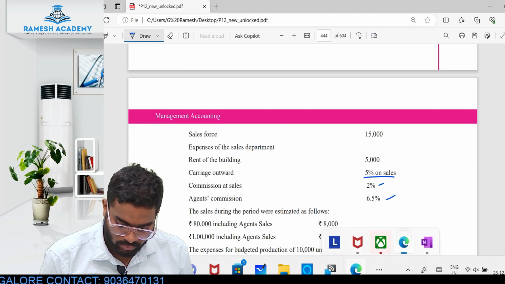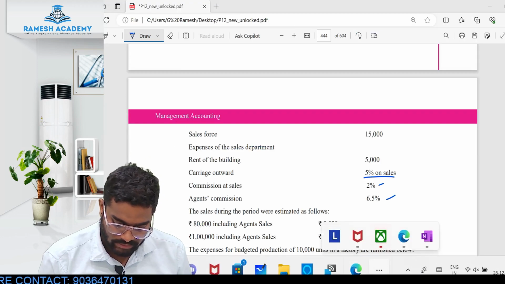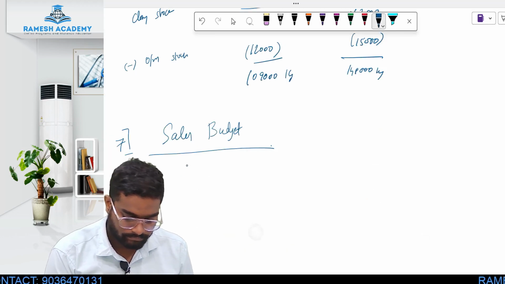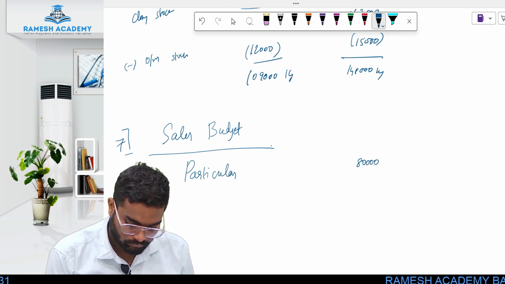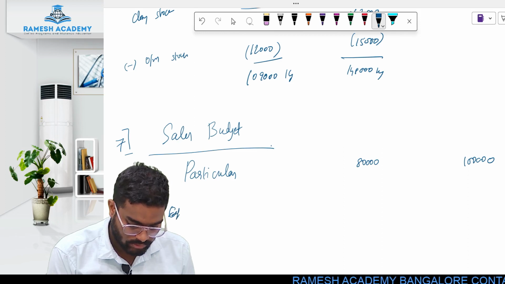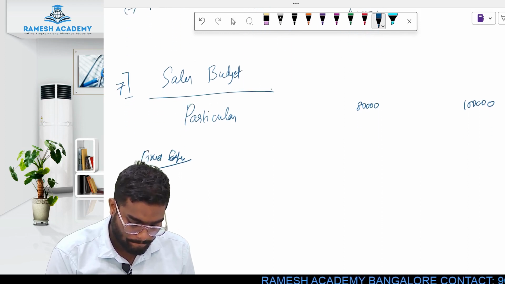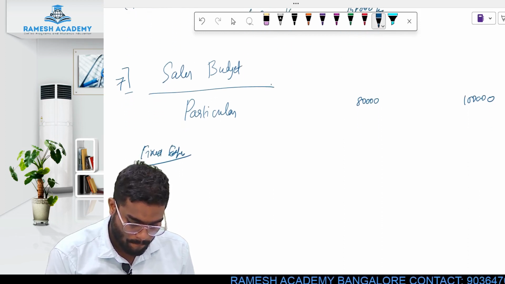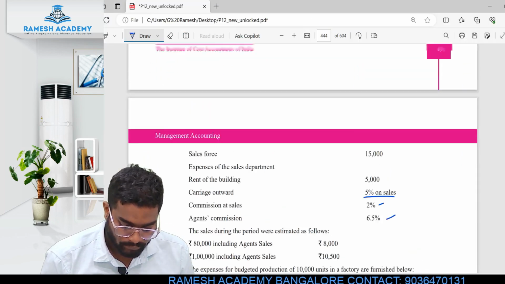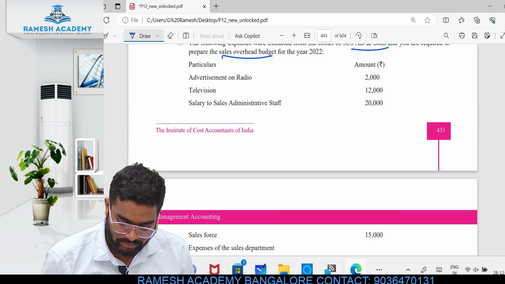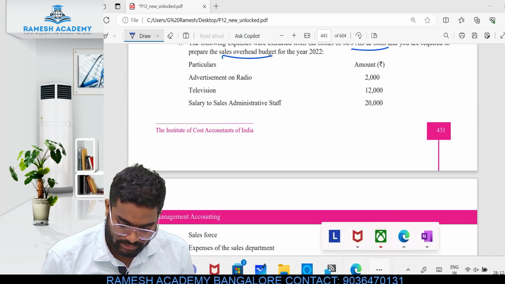So here we have two types of sales. One is 80 lakh and 1 lakh. So first we'll write on all the fixed expenses. What is the first fixed expense? Advertisement to radio, television. Advertisement to radio.